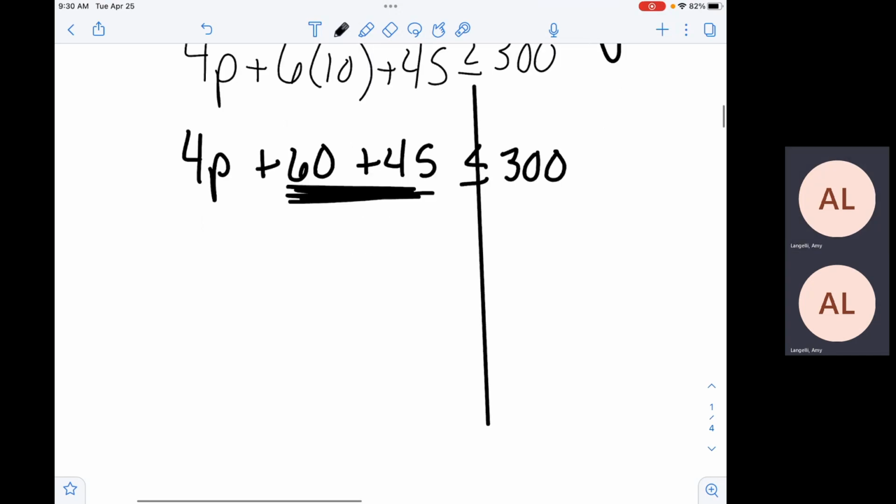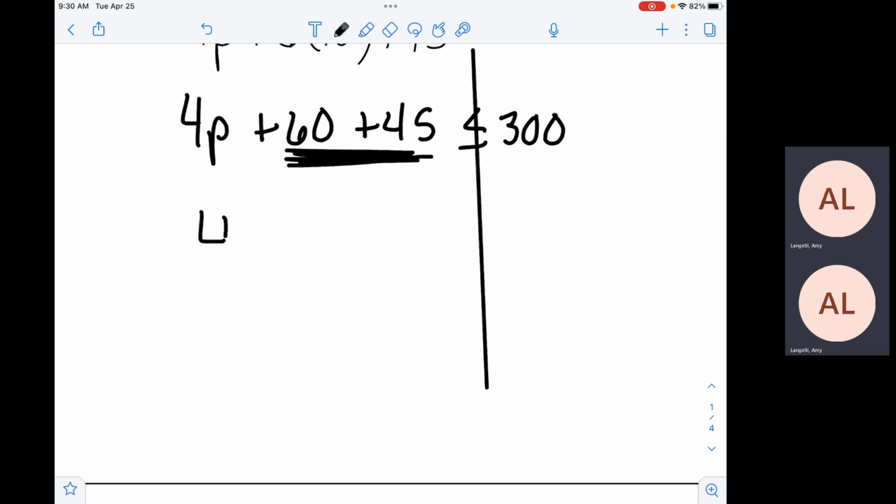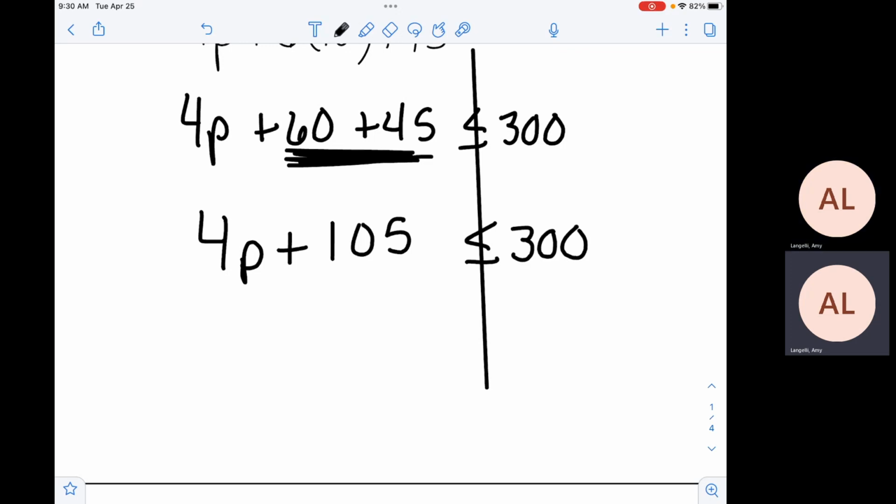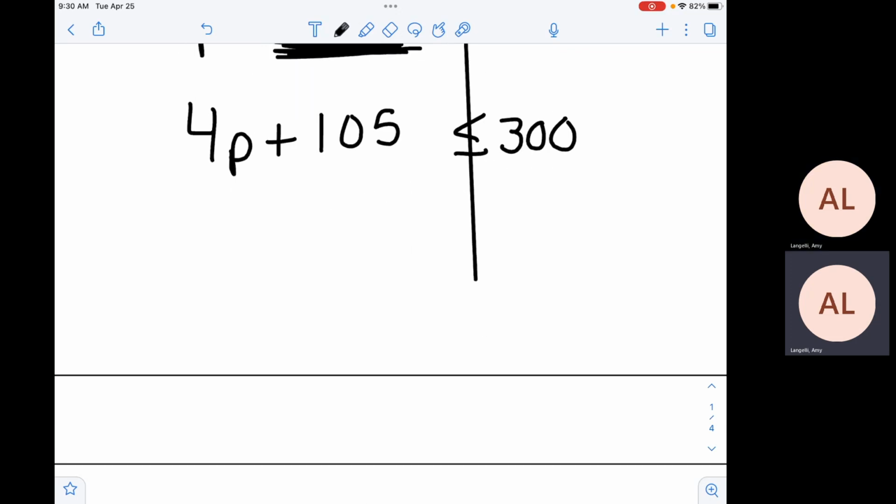Nice. So let's combine our like terms. Very good. Do you guys know what 60 plus 45 is? Good. And that's going to be less than or equal to 300. And now I personally think this is kind of like your comfortable stage. What do we do with that 105? Good.